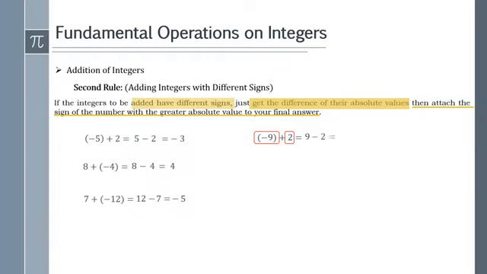Then, 9 minus 2, that is equal to 7. Again, yung sign, ano yung sign na kukunin natin? I-check natin, ano yung mas malaki? Si 9 or si 2? Siyempre, si 9. Ano yung sign ni 9? Negative. So, you attach negative to your answer. Okay, so meaning negative 9 plus 2 is negative 7.